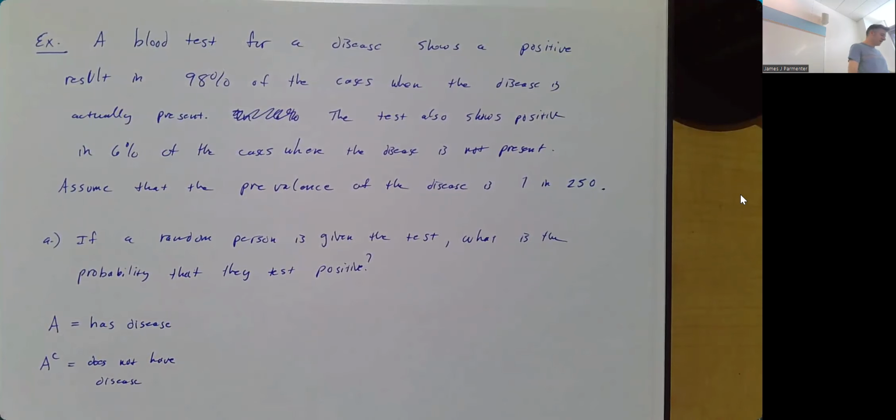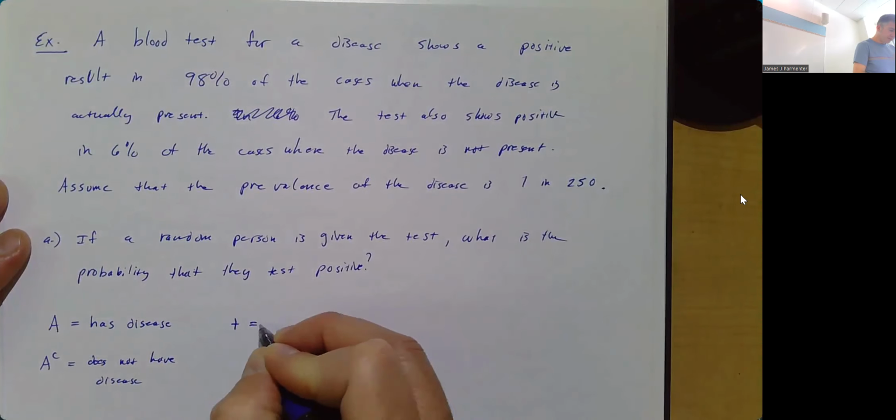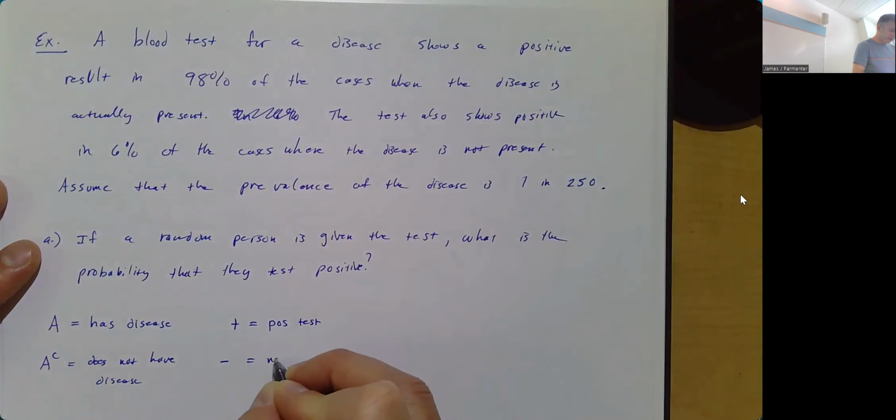And then it is pretty standard to, instead of using B and B complement for a positive or negative test, we just use a plus and a minus sign. So the plus is going to be a positive test, and the minus is going to be a negative test.